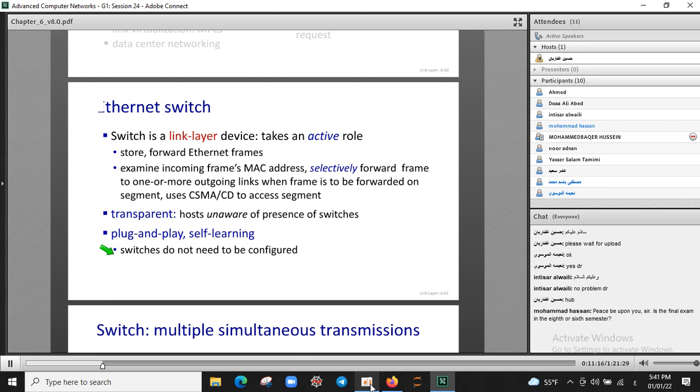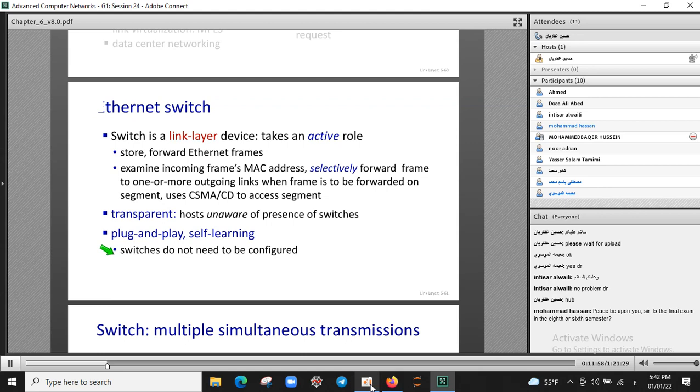Yes, if you have a manageable switch, or a layer 3 switch. A layer 3 switch is something near to a router, a hardware router. You know, inside a router, we have lots of software capabilities. But a layer 3 switch is a switch with some limited hardware capabilities of layer 3.